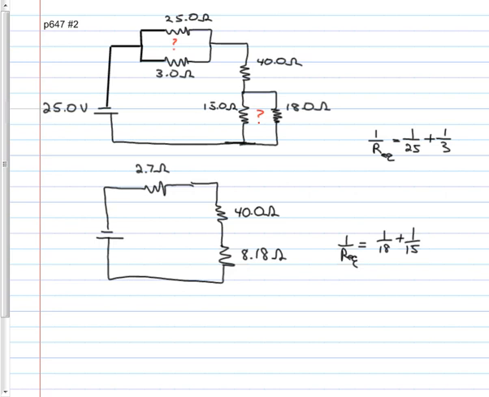Now before we go any farther, I want you to compare the 2.7 ohms to the original and the 8.18 ohms to the original. Anything you can tell me about how the equivalent resistance compares to the original in parallel resistors? It's less. Is it less than both of them? Yes, always.